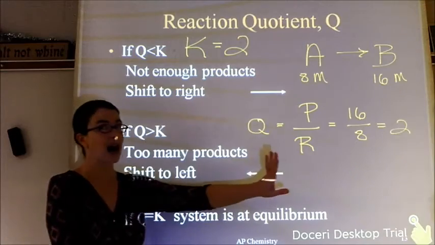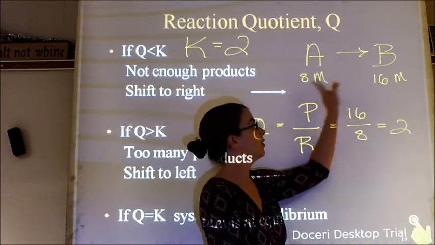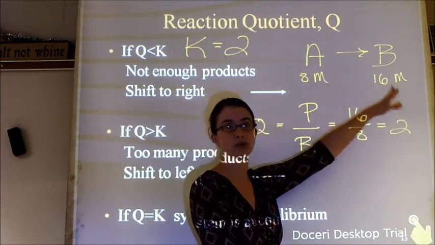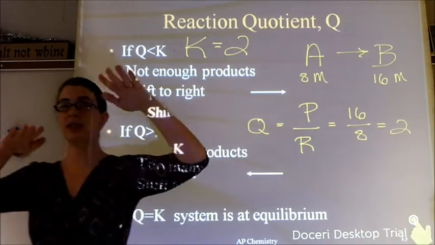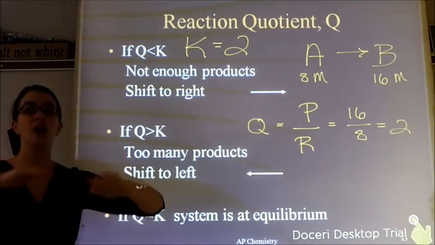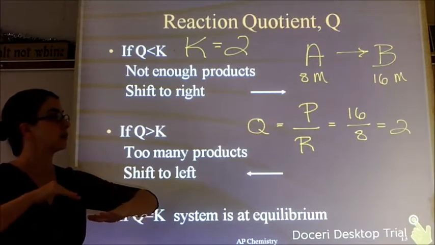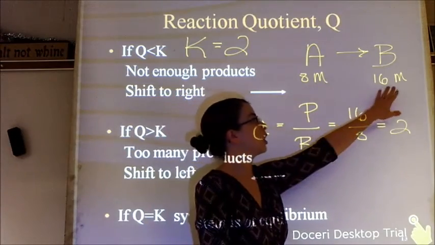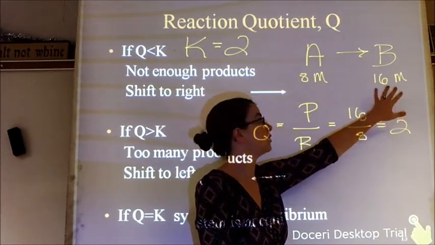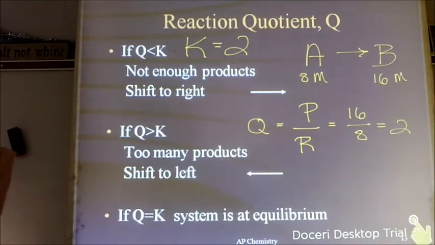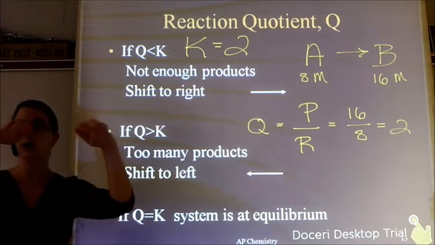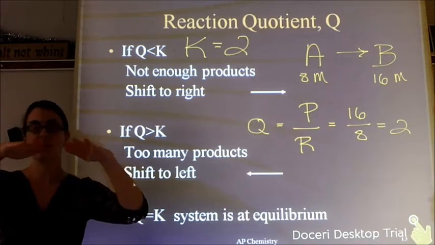It does not mean that my concentrations, my partial pressures, my amounts of reactant and products are equal. That is not what equilibrium means. I have a greater concentration of B than I do of A, but this is at equilibrium. So that's a big misconception that a lot of people have. They think equilibrium means equal amount of reactant and product, and that is not what it means.